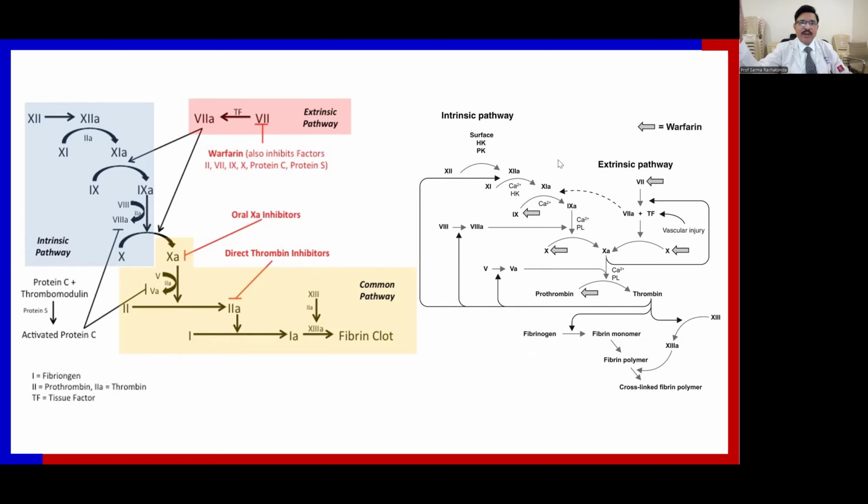We have warfarin, dicoumarol, which acts on the extrinsic pathway, up to 10 and below. We have the direct Xa inhibitors like apixaban, rivaroxaban. Direct thrombin inhibitors are dabigatran and other types of drugs. These are the various anticoagulants.